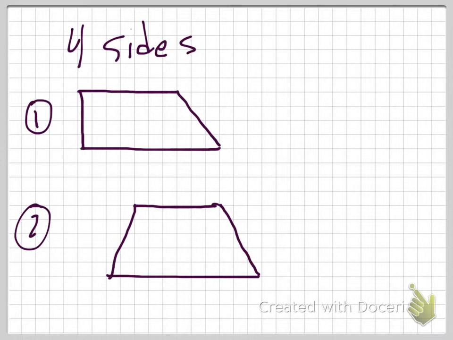This formula is a little bit more complicated than either the rectangle formula or the triangle formula, but it does have some similarities. We're going to be talking about the area of a trapezoid, and in this one we have two different bases.